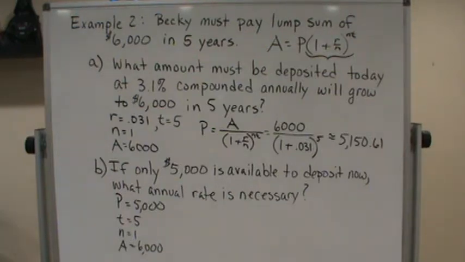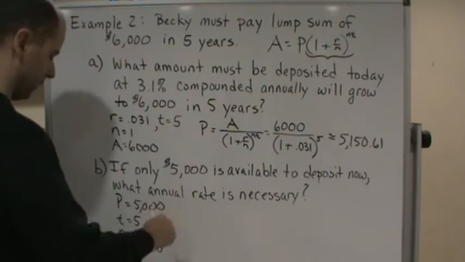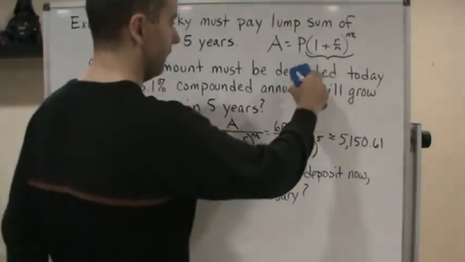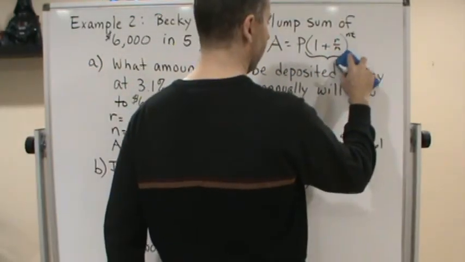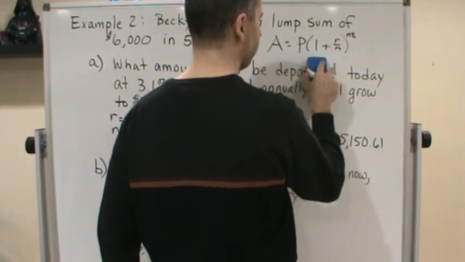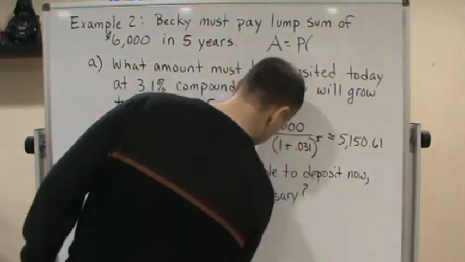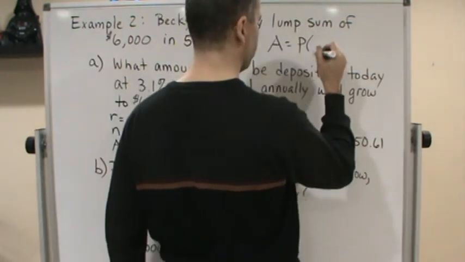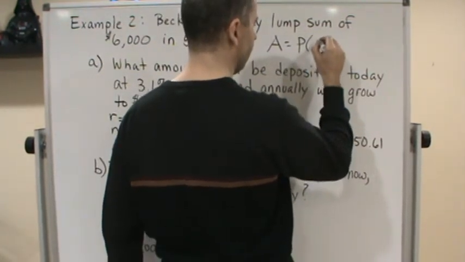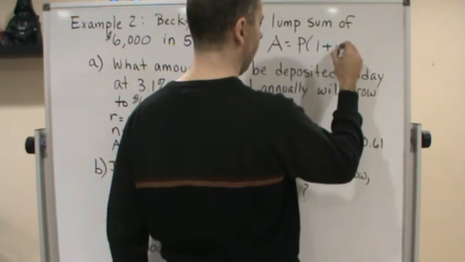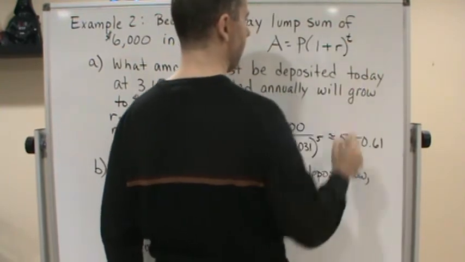Okay? Now the cool thing is because N is 1 in this case, the formula simplifies. Let me rewrite this. The formula actually simplifies to an easier formula to deal with. And again, this is given in the textbook too: A equals P times 1 plus r raised to the t power.